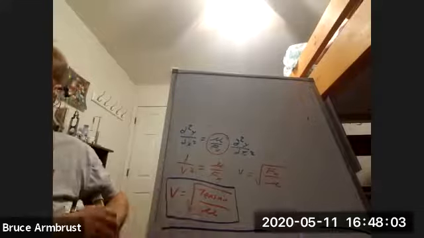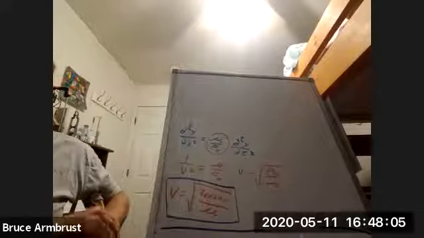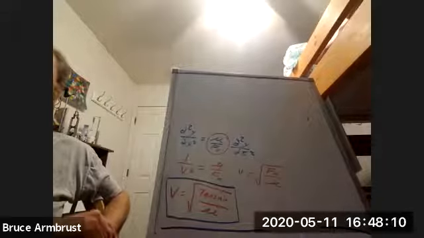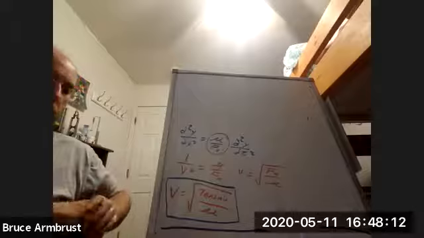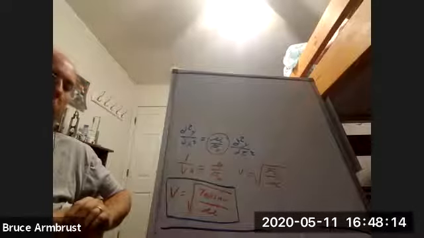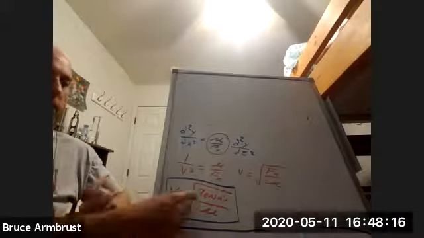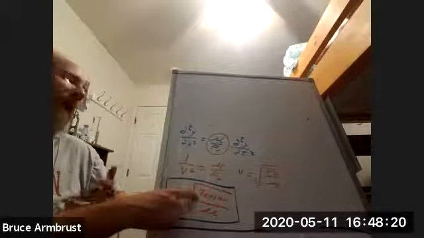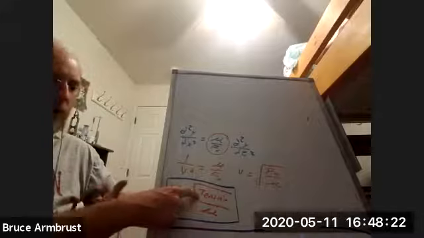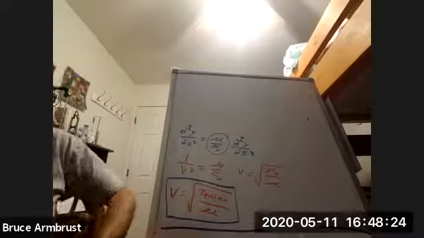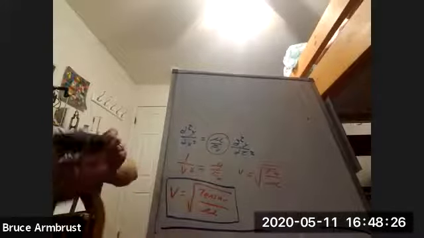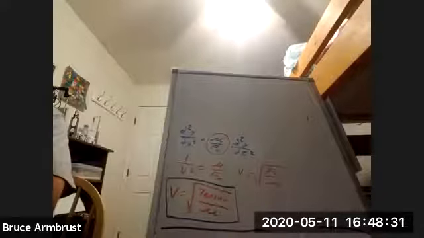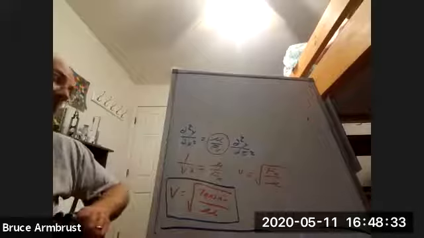And then mu, that's really just a measure of how massive it is. And mass, remember, that's an inertial property. So it's kind of like how hard it is to move. So the top is how easy is it for it to bend or deform, and the bottom is how hard is it to move.